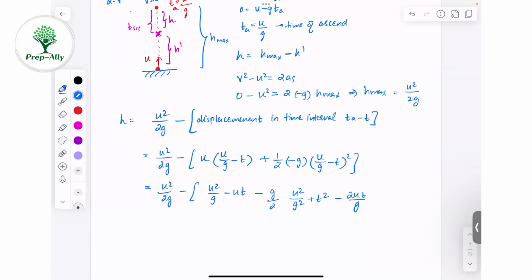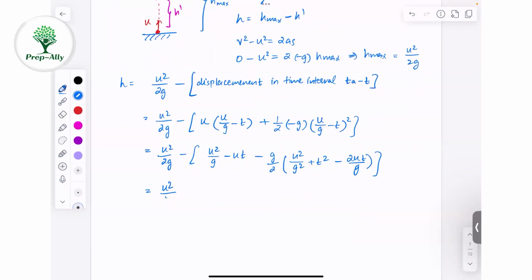We have to open these brackets one by one. That will give us u square by g minus ut minus u square by 2g minus g t square by 2 plus ut.